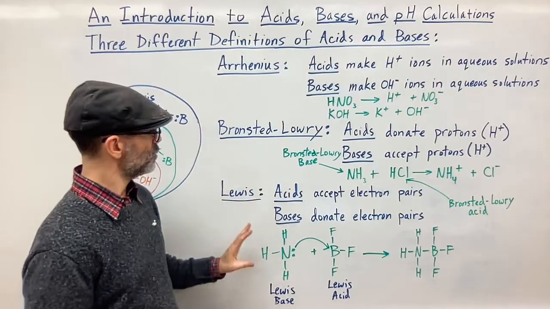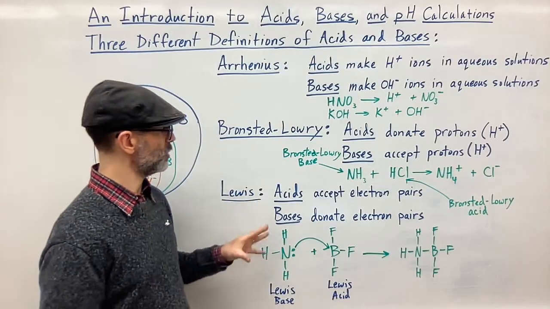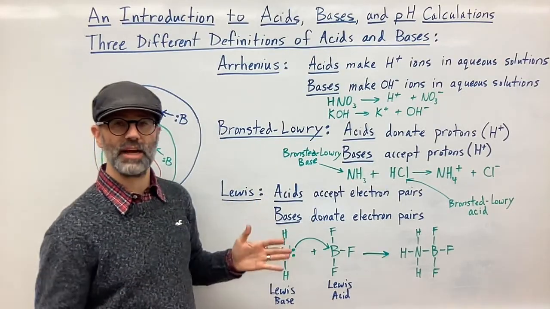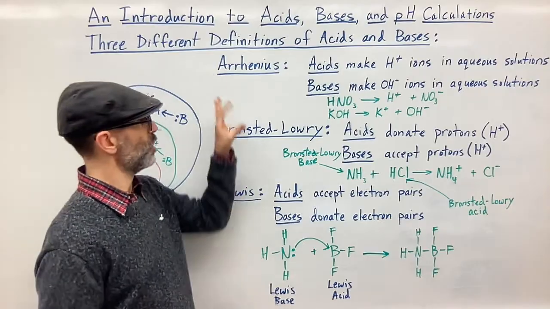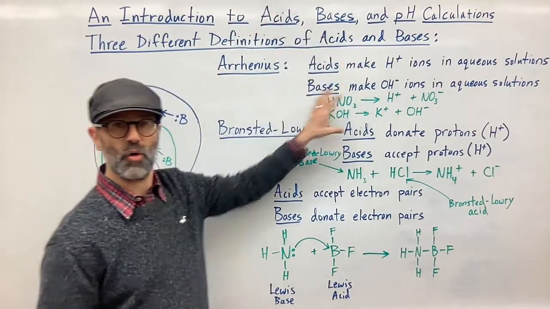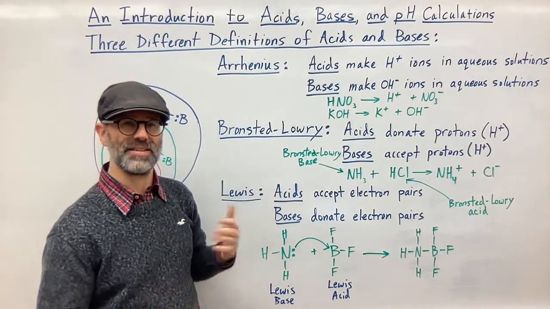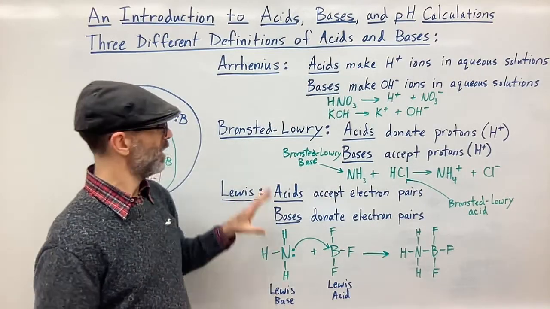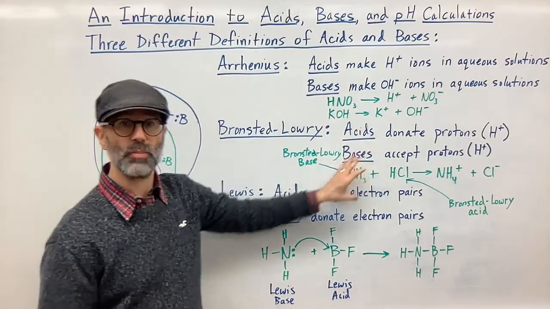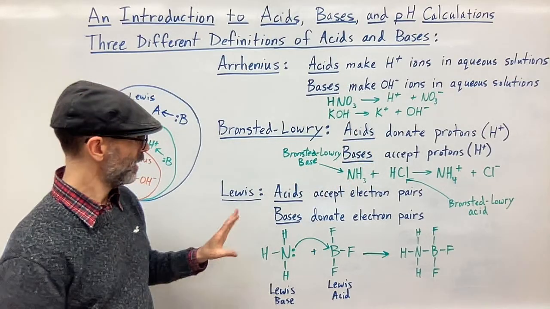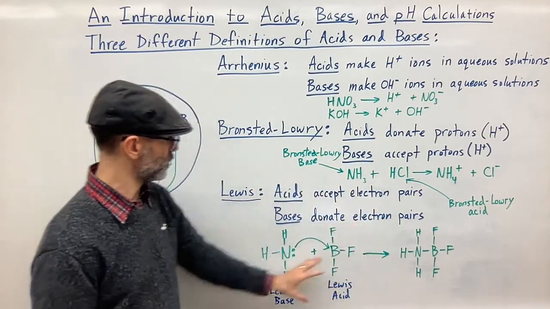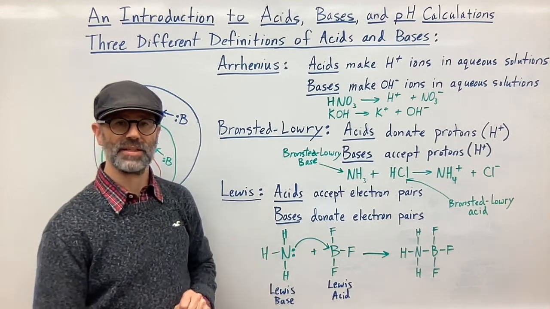So we can see that there is a progression here of broadening the definition of acids and bases. The least broad, or the most specific, definition of acid and base is going to be the Arrhenius. And then the next more broad definition is your Bronsted-Lowry, and the most broad definition is going to be your Lewis acid and base.